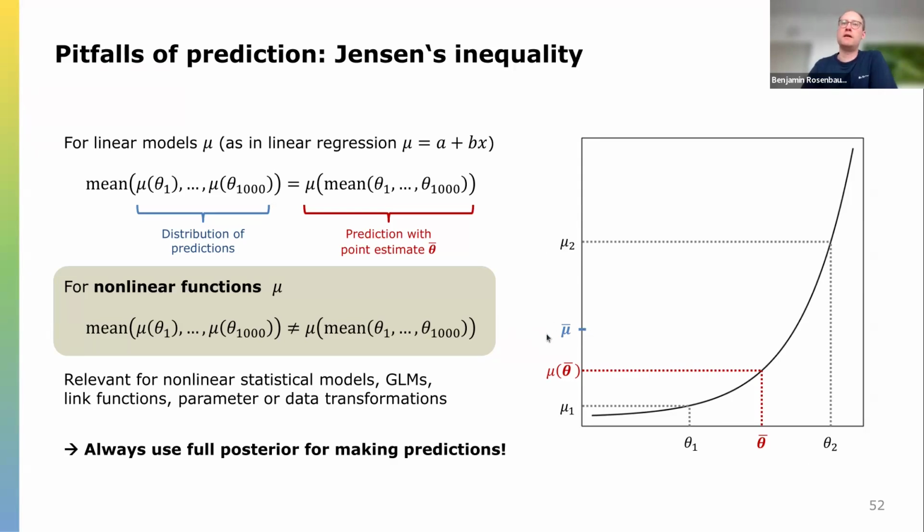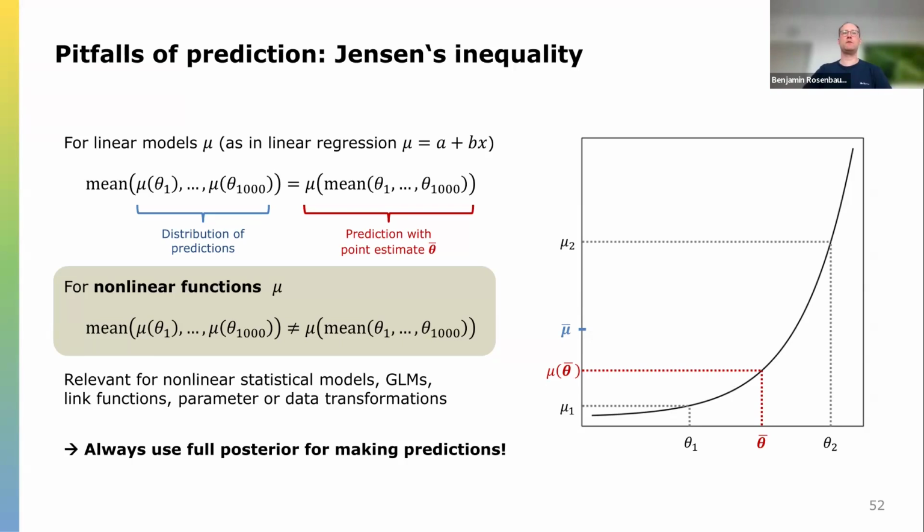And this mu bar here, this blue one, that's the correct mean of the predictions. However, if you make a prediction with a mean parameter value, you will get some other value, which is not the same as the mean predicted value. So these are different. It's called Jensen's inequality. It appears quite often in ecology. There's a couple of papers about it.